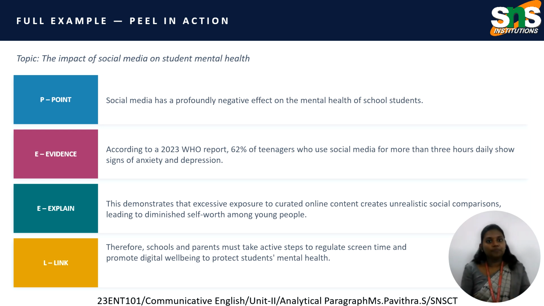In explaining, this demonstrates that excessive exposure to curated online content creates unrealistic social comparisons, leading to diminished self-worth among young people. In the link section, therefore, schools and parents must take active steps to regulate screen time and promote digital well-being to protect students' mental health.